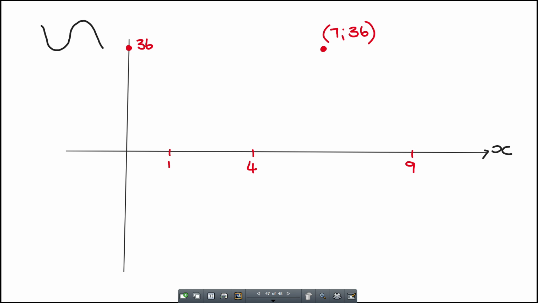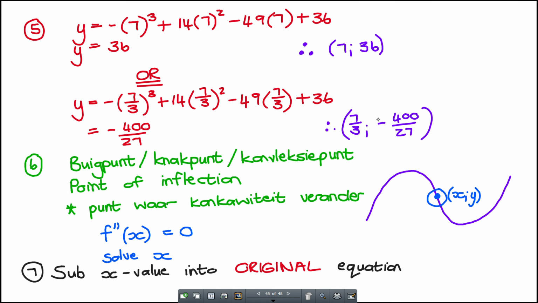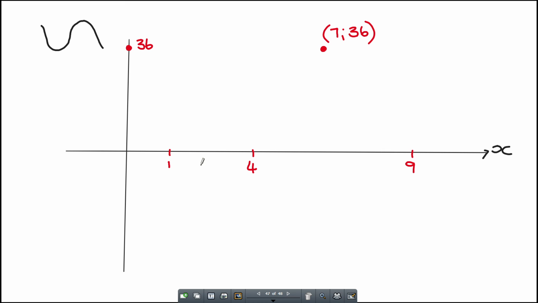Okay, then my other coordinate or the other turning point was hierdie gewees 7 op 3 met antwoorde 2,5 en dan y is minus 14. Okay, so 2,5 en y is minus 14, somewhere over here. Hy gaan 'n bietjie wonky wees met toe maar. Minus 400 over 27.